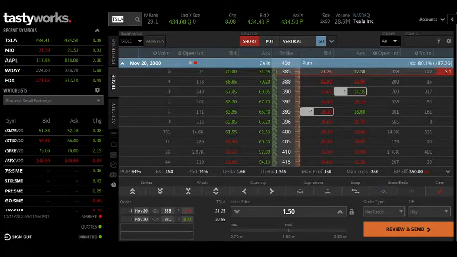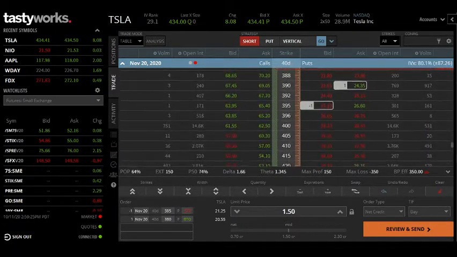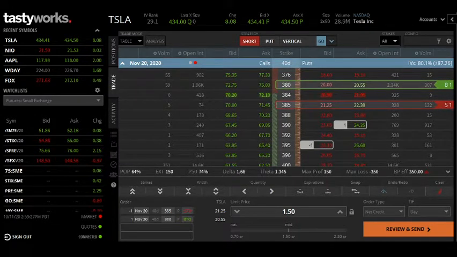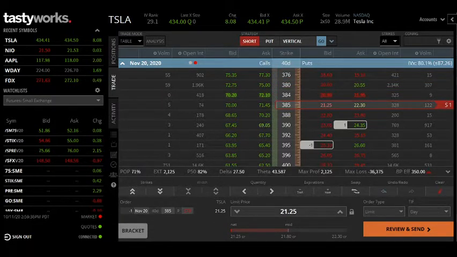And so that is credit spreads in a quick note. You want credit spreads in a high IV environment. About deltas, if you don't have Tastyworks, you can use Robinhood or TOS, and you can look at your deltas.